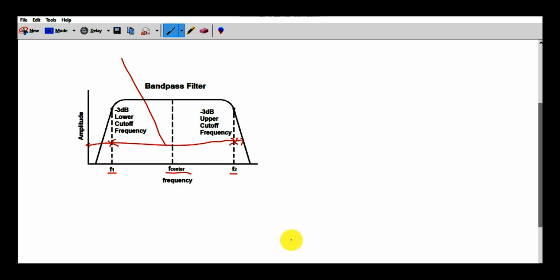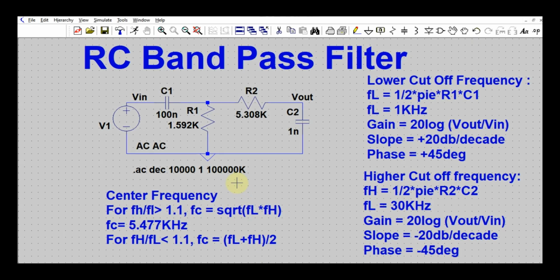Now let's go back to the circuit simulation. If you look at the circuit of the band pass filter, here is a combination of C1, R1, and R2, C2.